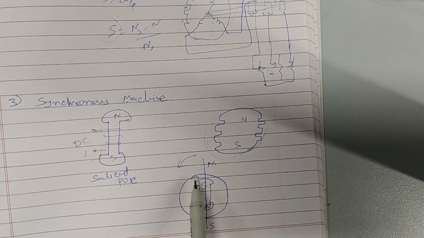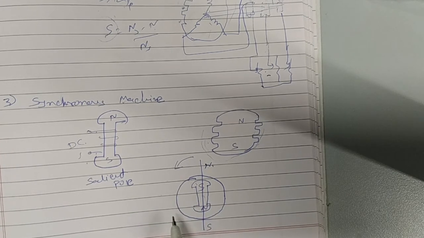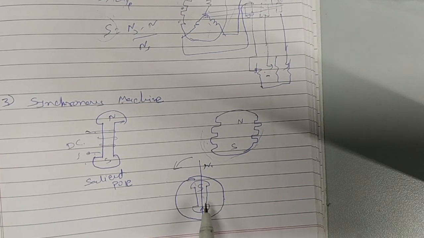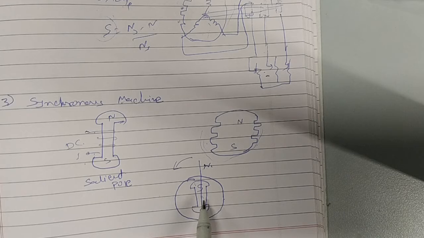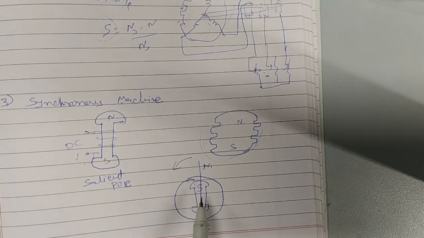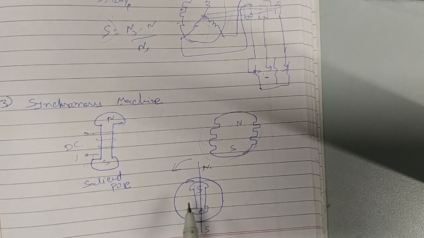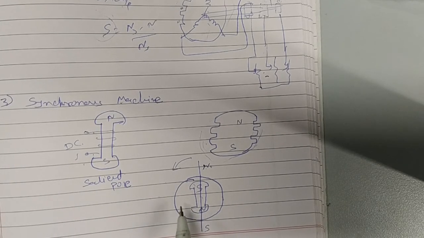It should be strong enough to rotate this entire inertia, plus any load connected to the shaft. Only after that can we say that the machine is operating as a synchronous machine or synchronous motor. So this synchronous motor is not a singly excited machine, and it is not a self-starting machine.